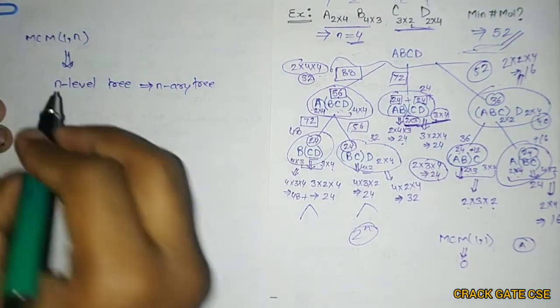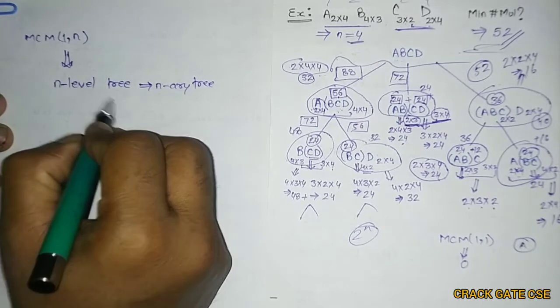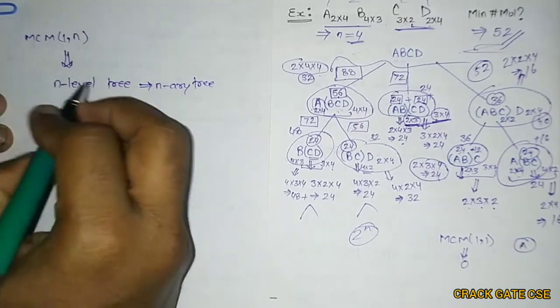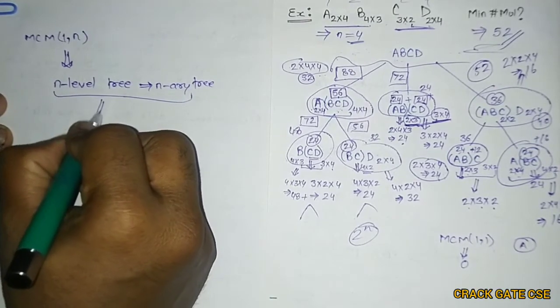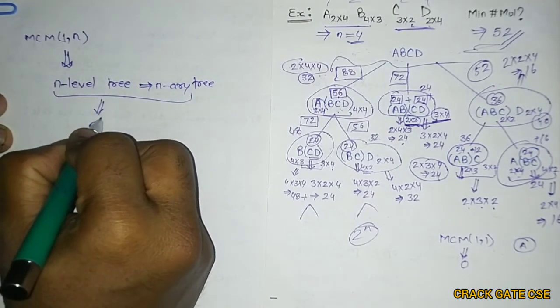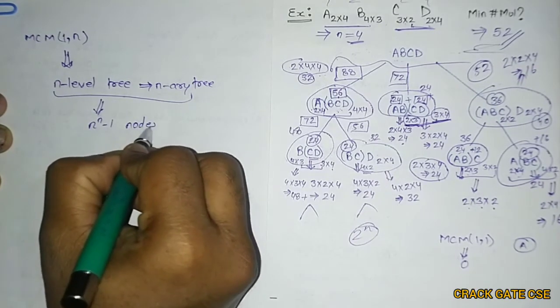But here you can see that I am getting an n-level tree, that too n-ary. So if I want to find the number of nodes, how can we find it? For an n-level n-ary tree, the number of nodes will be equal to n to the power n minus 1. This is a formula. So this many nodes will be there.